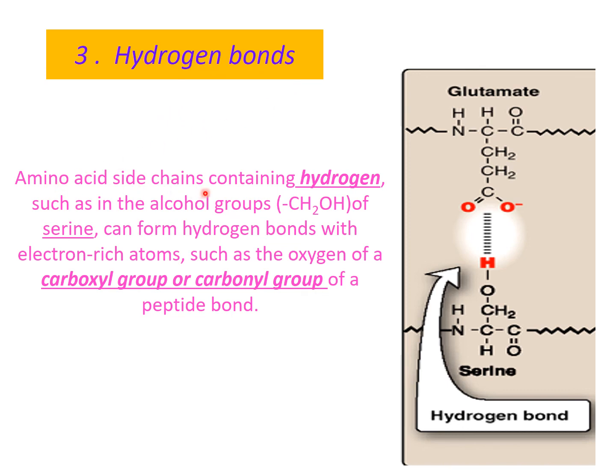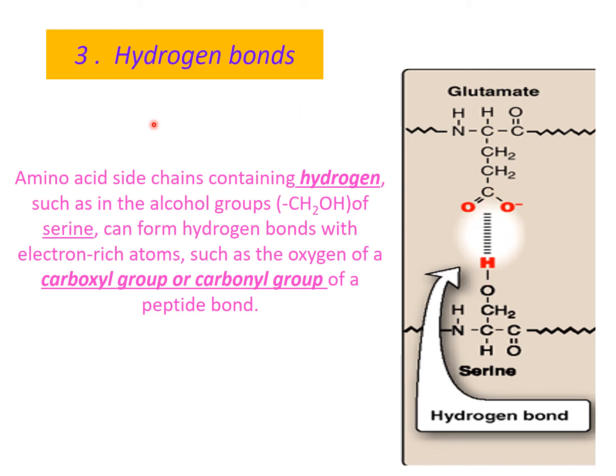Amino acid side chains containing hydrogen, such as in the alcoholic group CH2OH of serine, can form hydrogen bonds with an electron-rich atom, such as the oxygen of the carboxylic group or the carbonyl group of the peptide bond.